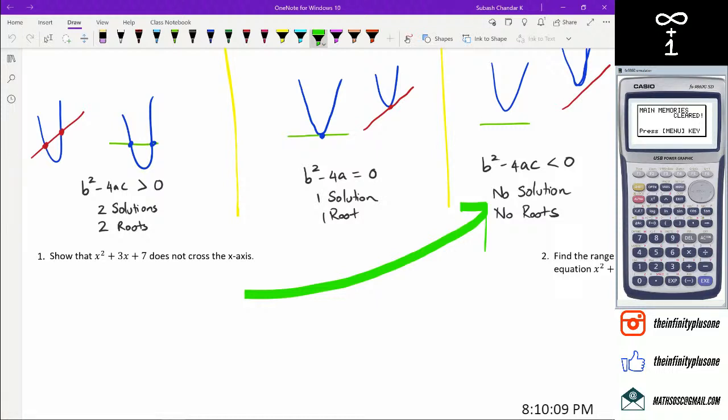All right, guys, I'm going to go through question one. That was a nice starting question for going through discriminants. One thing I would recommend, since you have your graphics calculator, is to go into graphs and put that in to see what the graph looks like. So x squared plus 3x plus 7, and just click on draw.